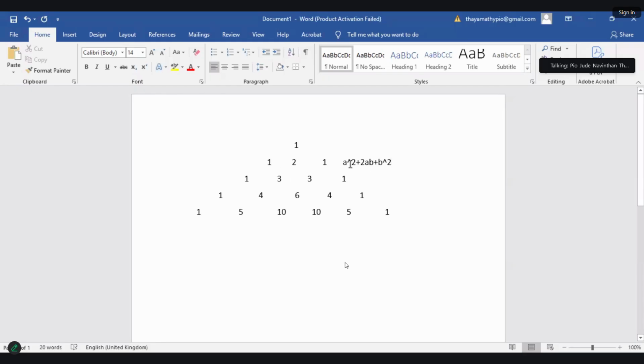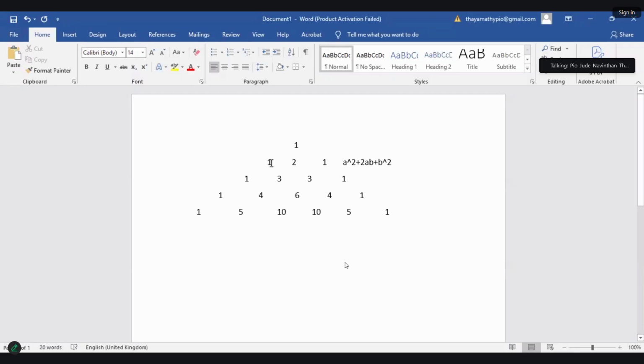So 1 into the first element, 2 into the second element, 1 into the third element. For (a plus b) holding cube, the first component is 1, second 3, third 3, and fourth 1. How do we get it? These two steps, that value we put with the initial 1, 2, 1.